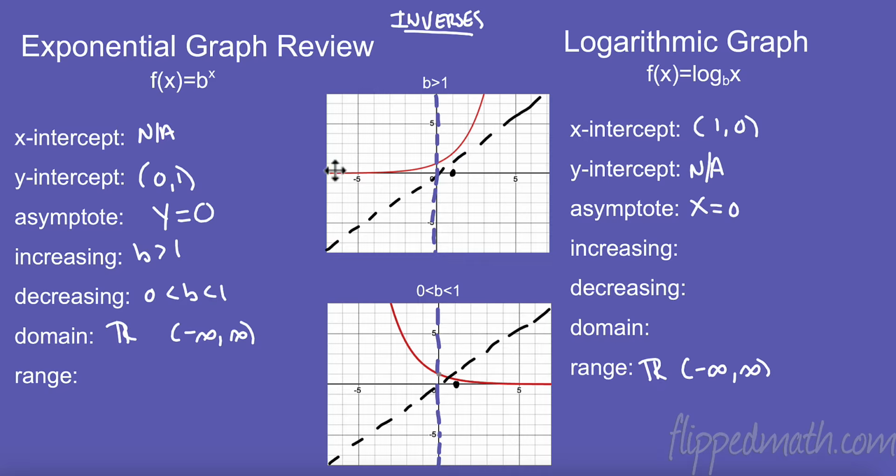All right, range. Let's look at our range. First, let's talk about the exponential. So now 0 is basically the cutoff here, right? So we're going from 0, not including it, so it's just a parenthesis, not a bracket, all the way to positive infinity. Same here. I know it's backwards. A lot of you want to say positive infinity to 0, but range is from down to up, bottom to top, right? So our lowest bottom would be 0 to positive infinity.